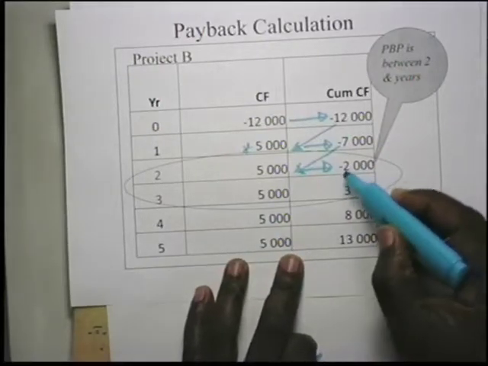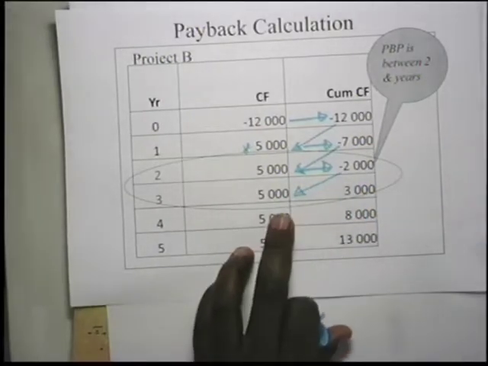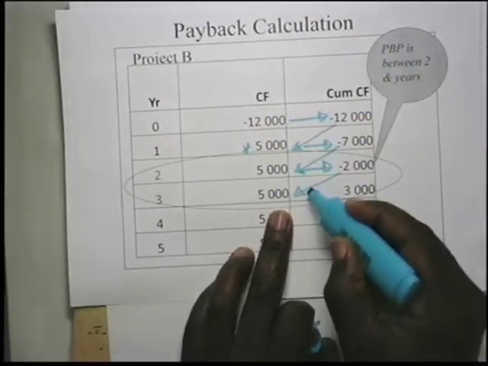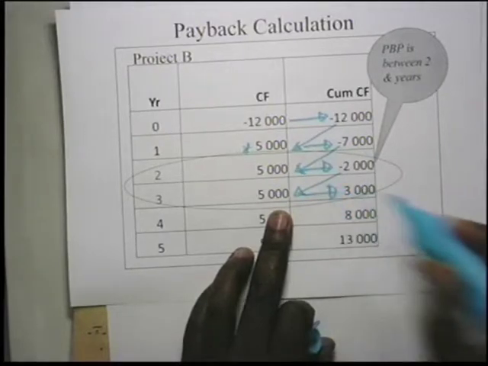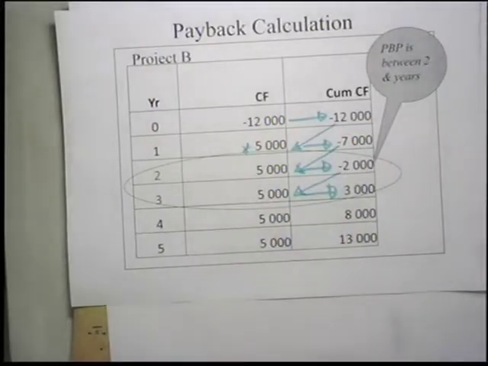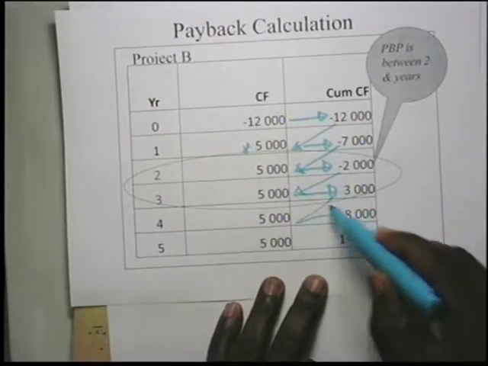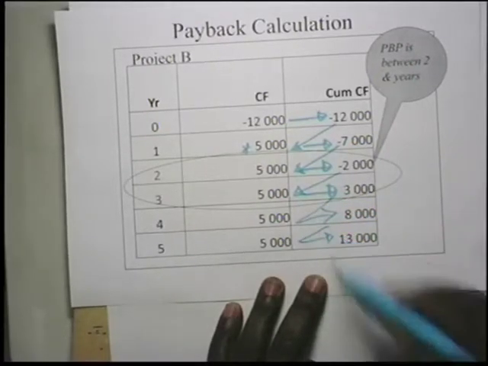Let's go on. We add again the cash flow that we receive in year 3, and it will leave us with a positive cumulative cash flow of 3,000. We can go on and on, you see it will increase.